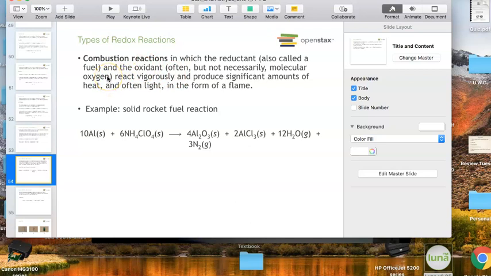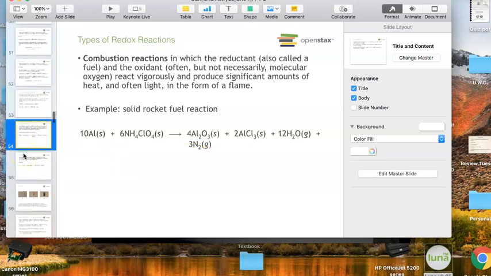Not all the time, though. In this case, it's shown here, and often light in the form of a flame. So with your products, you're giving off energy in the form of light, and usually heat as well. And so combustion reactions are very common.